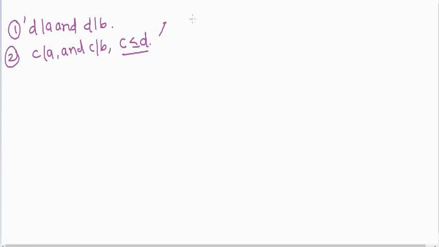Okay, so let us take one more example. If we'd like to find the GCD of -8 and -36, then the divisors of -8 are 1, 2, 4 and 8.